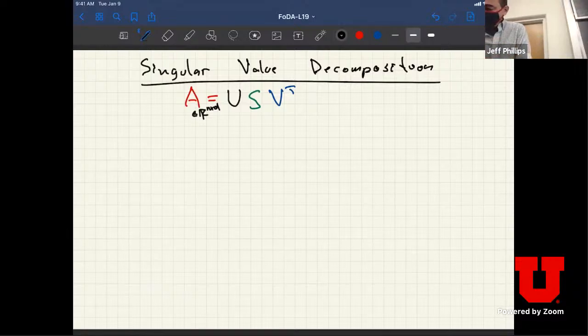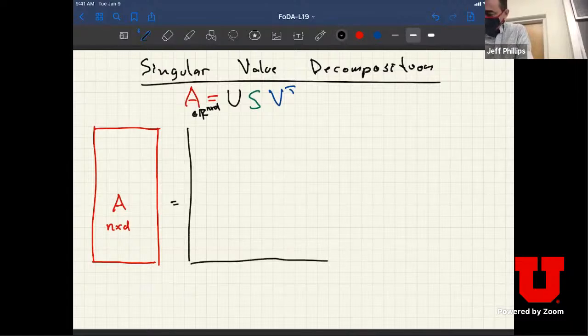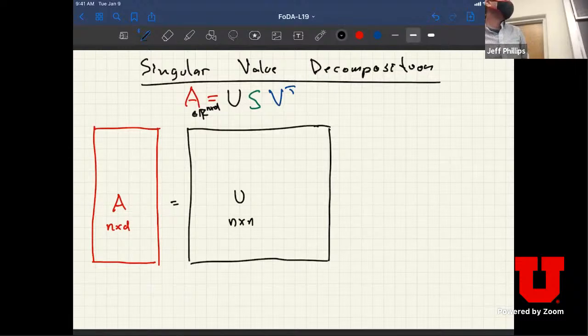The way I like to think about this is by drawing a picture where A is a rectangle. A is N by D, and we're going to get out of this three matrices. This is going to be U, which is N by N, a much larger matrix.